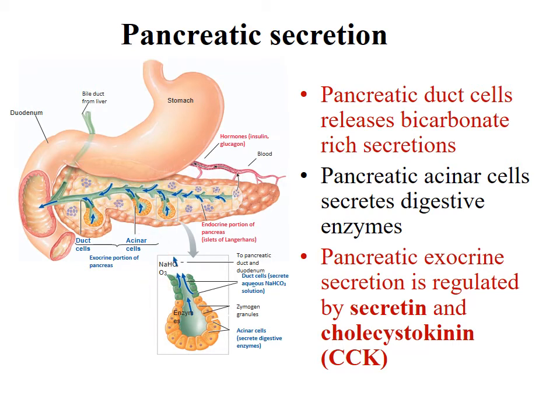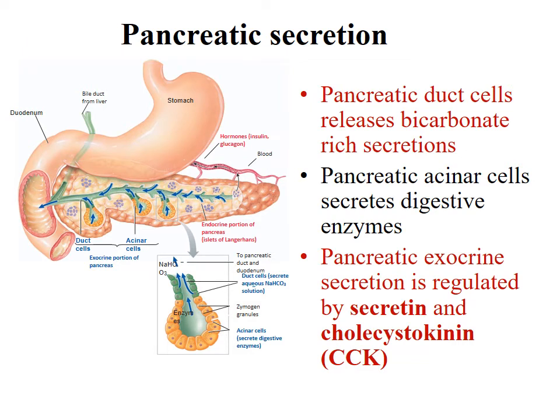Pancreatic duct cells release bicarbonate-rich secretions. The duct cells are responsible for the release of bicarbonate-rich pancreatic secretion, and the pancreatic acinar cells are responsible for the secretion of digestive enzymes.